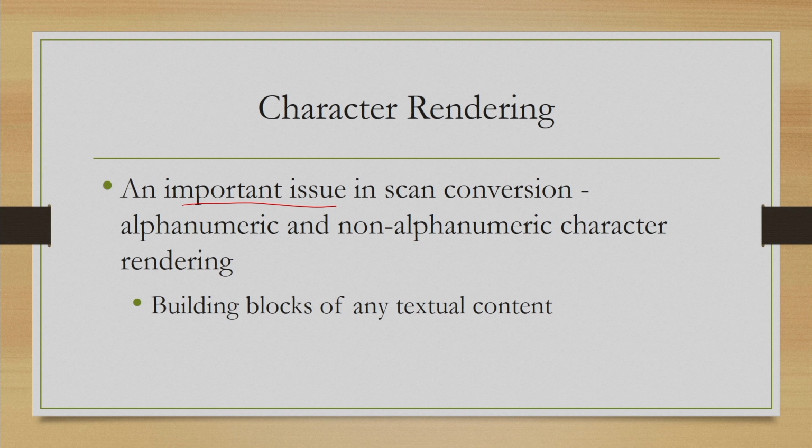Here we see lots of alphanumeric characters displayed. So, clearly it is an important issue, and these are the building blocks of any textual content. So, any application that deals with displaying texts must have support for character rendering.